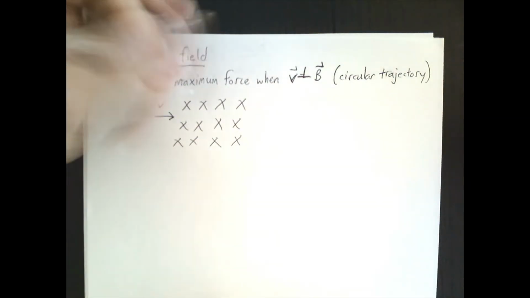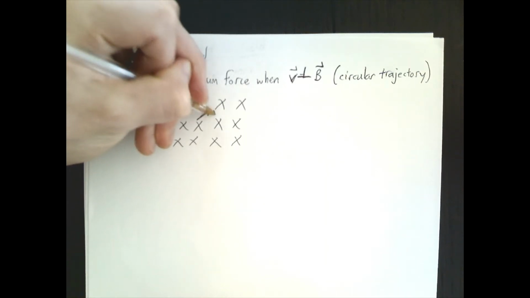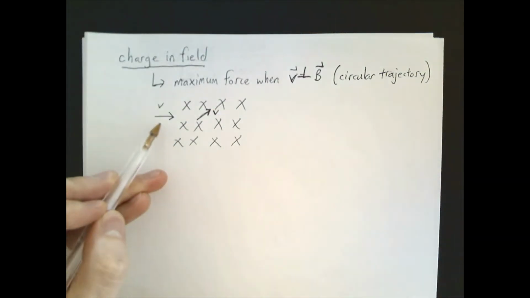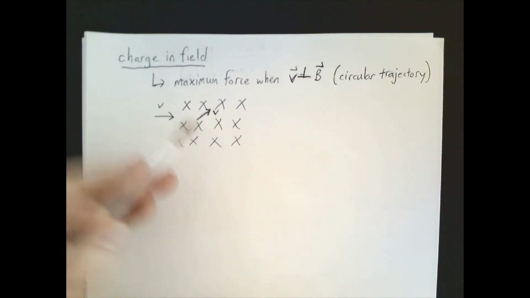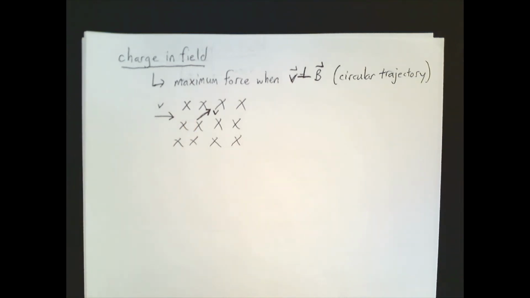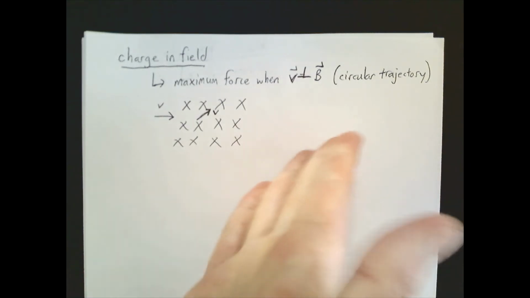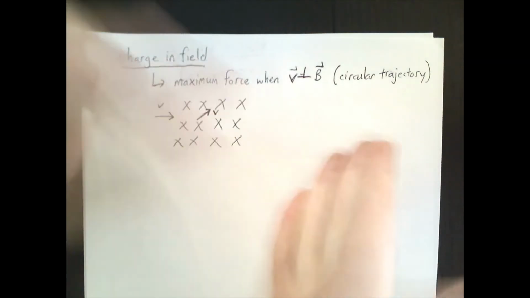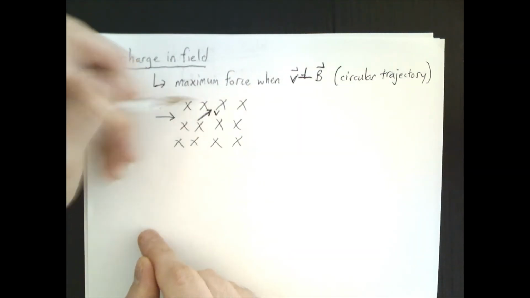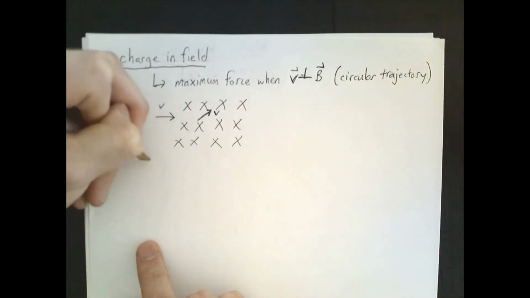So it's going to start going upwards, but then its velocity vector is changed to be more in this direction, the combination of its original inertia and the magnetic force pushing it upwards. Now I apply the right-hand rule again. My velocity is going up at an angle, my fingers still going down, so now the force pushes it a little bit this way, perpendicular to its original direction. And so it's going to keep changing its direction and move in a circular trajectory while that's happening.